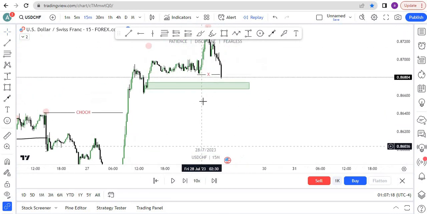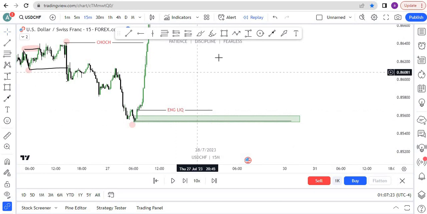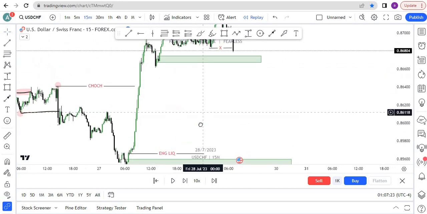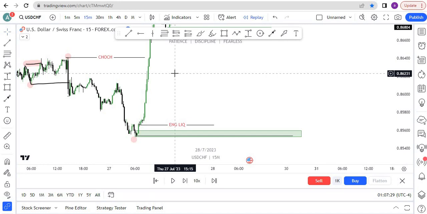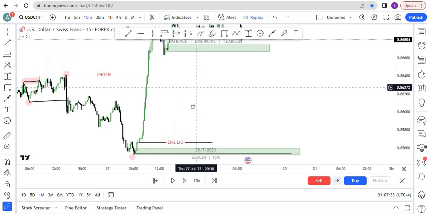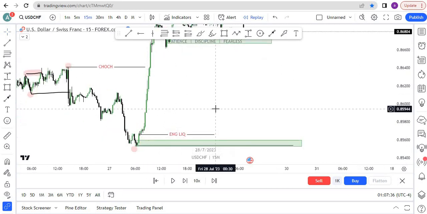We have the inducement, we have this POI, and we have this POI. In this leg there is no other POI, right? So how do we know if this one works or this one works? We have to find the order flow.